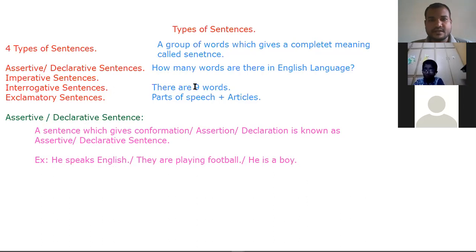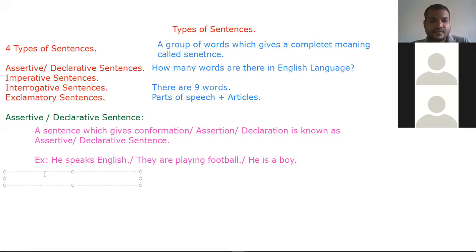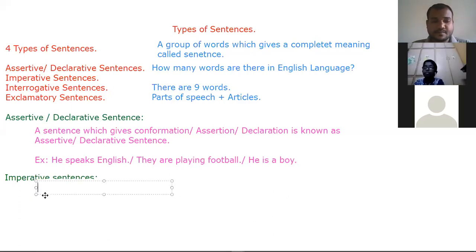Right. Now, what is the second type? Imperative sentences. Now, what is meant by imperative sentences?